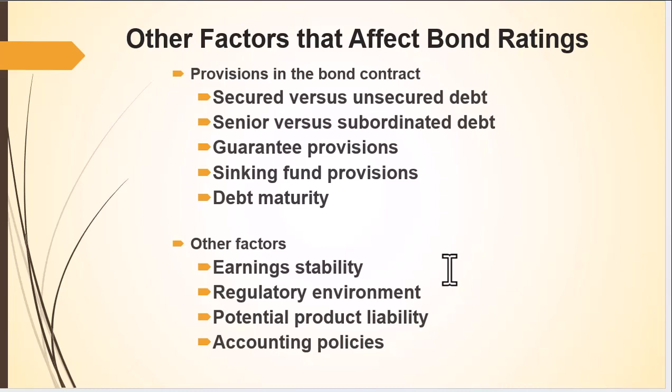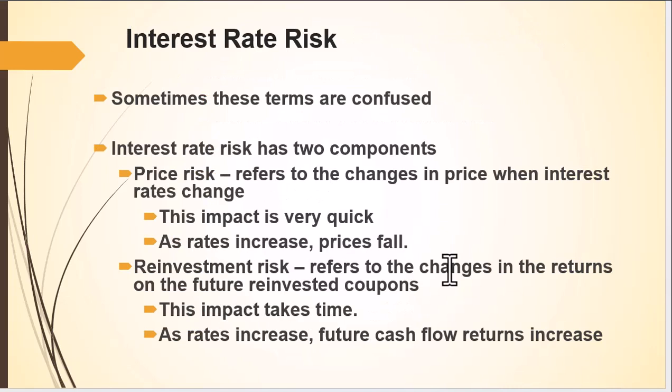So let's take a break from this for a second and talk about interest rates and interest rate risk. Sometimes the terms are a little confused, right? So interest rate risk has two components. Price risk refers to the changes in prices when interest rates change. This is a very quick change.